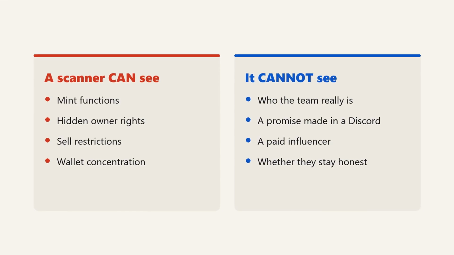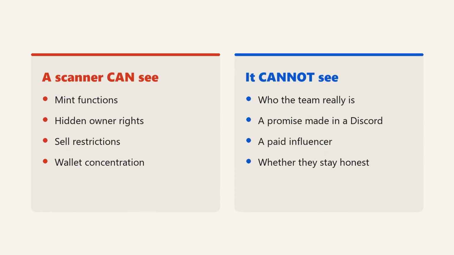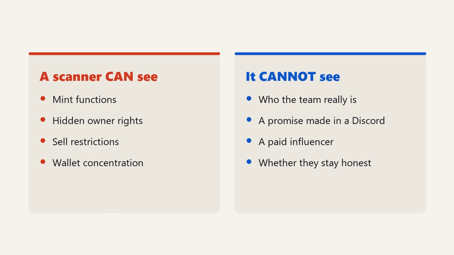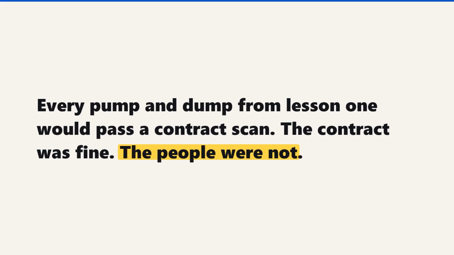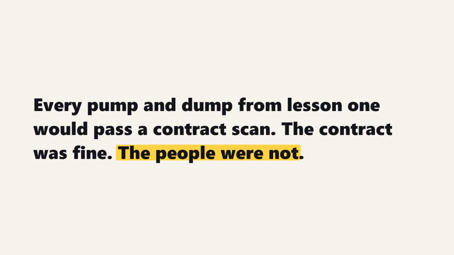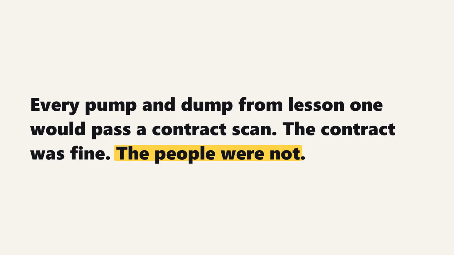It cannot detect a promise made in a Discord, or an influencer being paid, or a roadmap that will never be built. A perfectly clean contract can be run by dishonest people. Every single one of the pump and dump cases from Lesson 1 would pass a contract scan, because there was nothing wrong with the contract. The problem was the people.